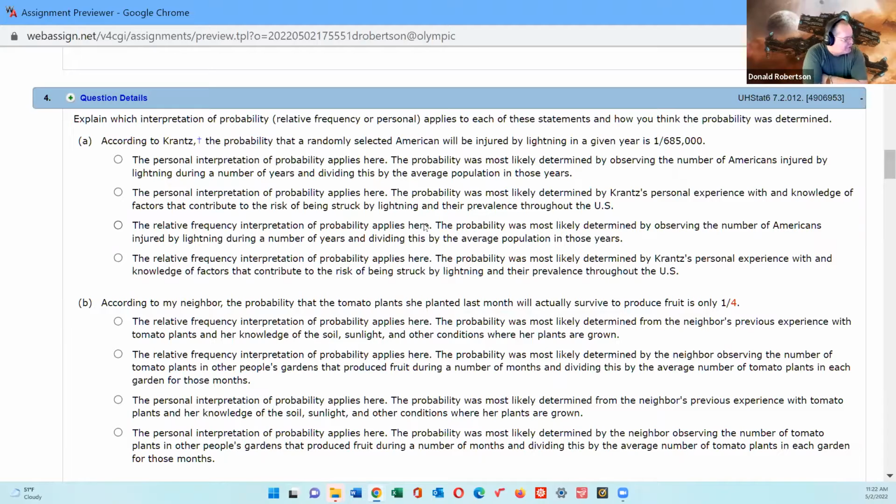The probability that a randomly selected American will be injured by lightning. This guy, it must be a guy who just collects probabilities, right? This guy figured out that 1 out of 685,000 is your chance of being hit by lightning, at least injured by it. Wow. Now, is this a personal interpretation, or do you think he got it from data?